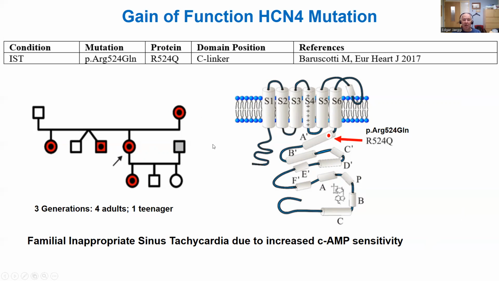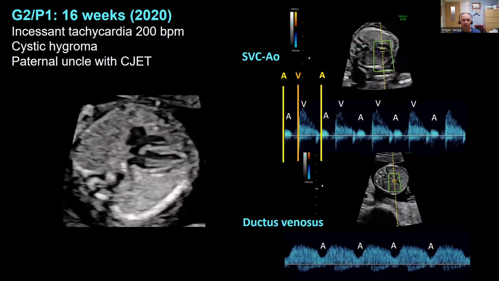When they tested other family members, they found her daughter, a teenager, to be affected, as well as other family members. Most importantly, these patients had palpitations, but no other significant findings were reported.